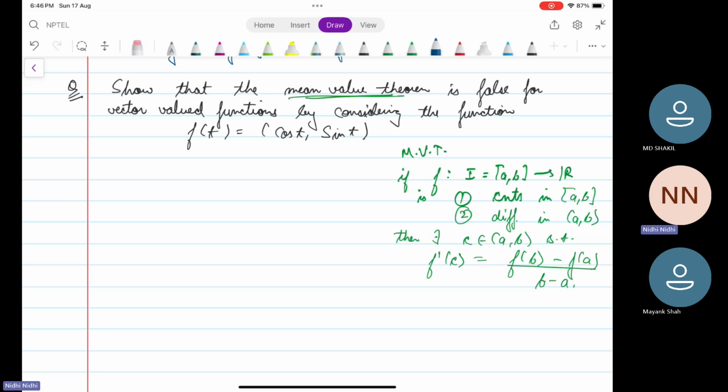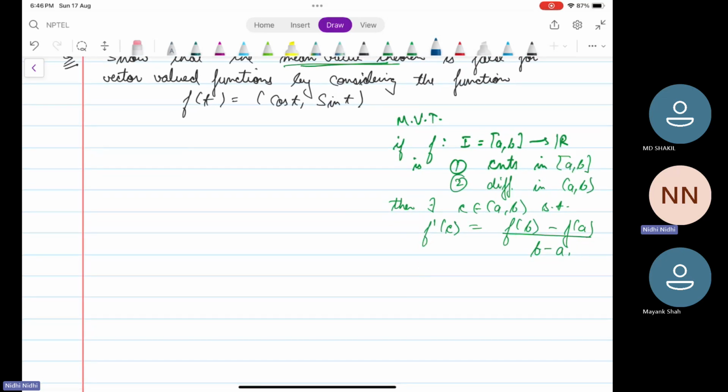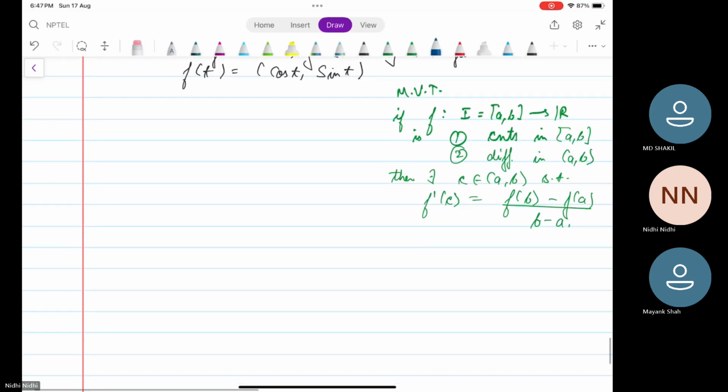Now let's start with the assumption that this function f satisfies the mean value theorem. Clearly, since its components are cos t and sin t, which are continuous and differentiable everywhere in R, this function is continuous and differentiable everywhere in R. So I can take I to be any arbitrary interval based on my choice. Solution.